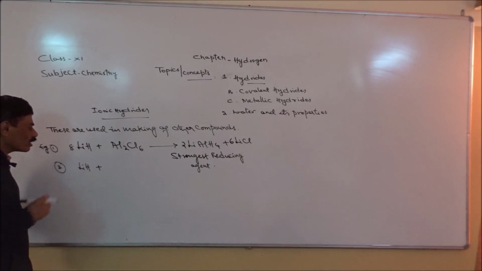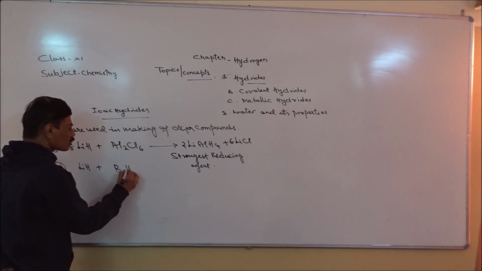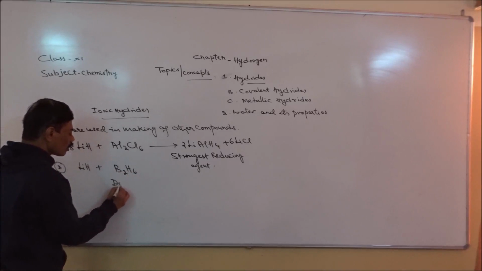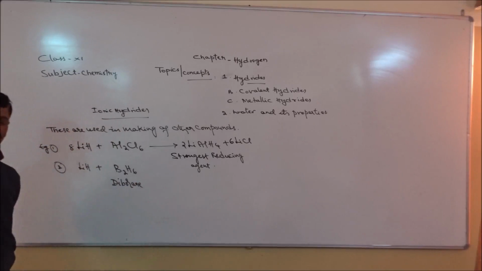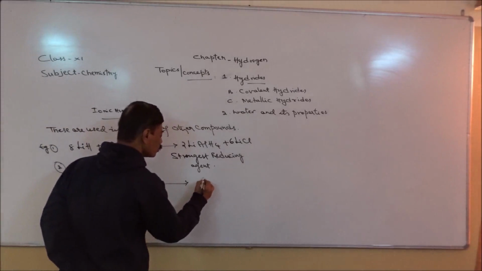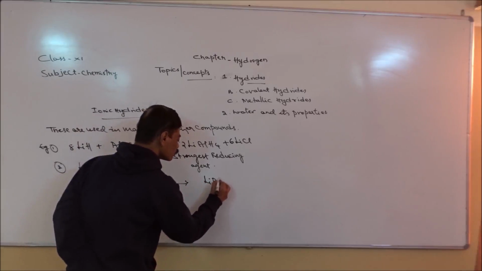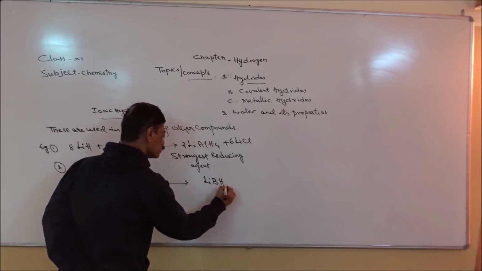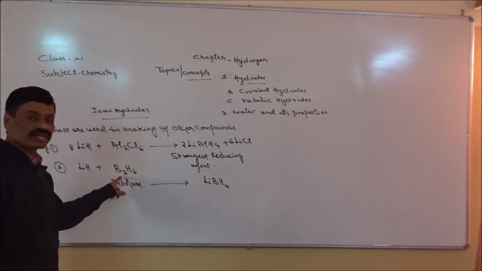When lithium hydride is treated with diborane, B2H6, this is called diborane. Both will react with each other and give rise to lithium borohydride. And here we have 2 boron atoms, here only 1.